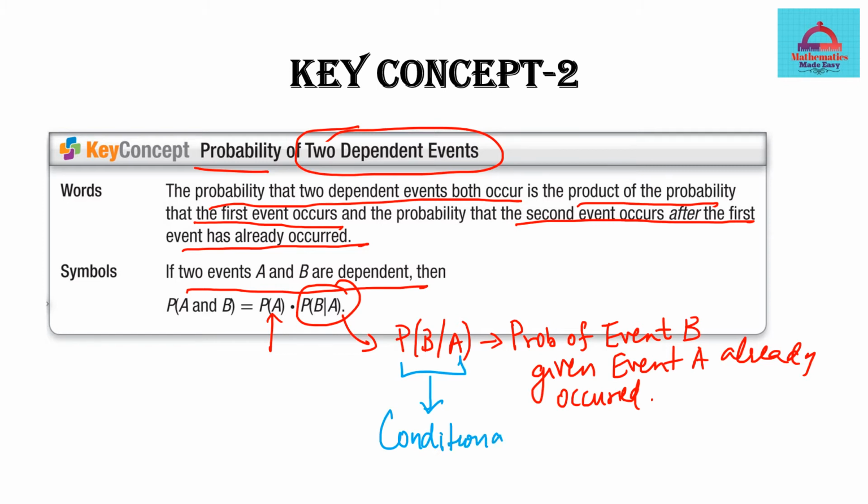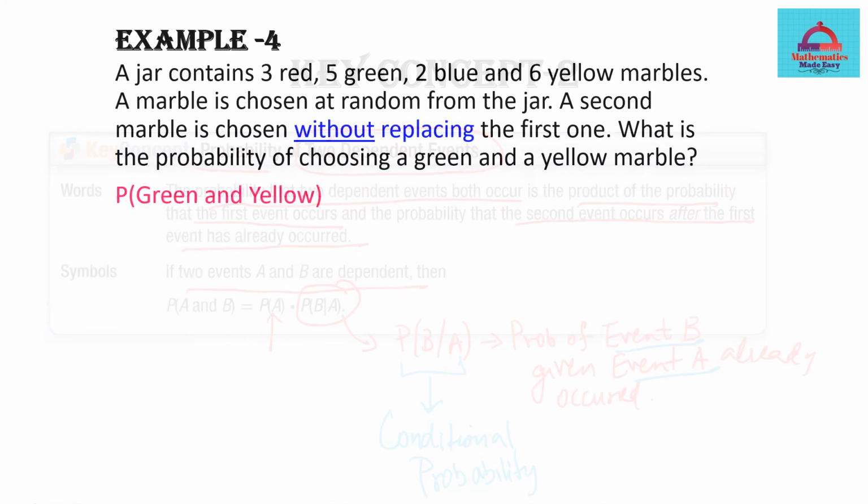So in simple words, conditional probability has a condition attached to it. Here the condition is that event B is occurring after event A has already occurred. So this is conditional probability. Let's see how we can apply this formula using conditional probability and calculate the probability of a dependent event.